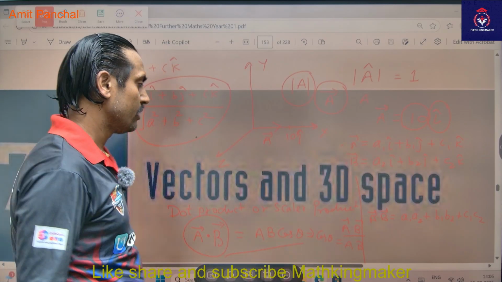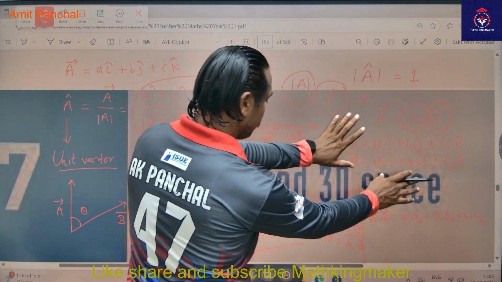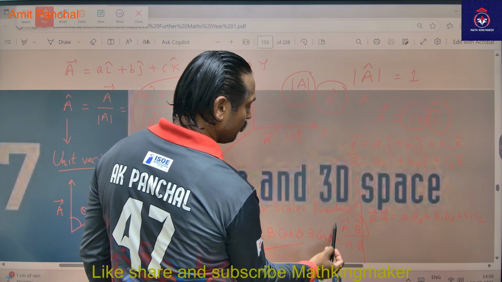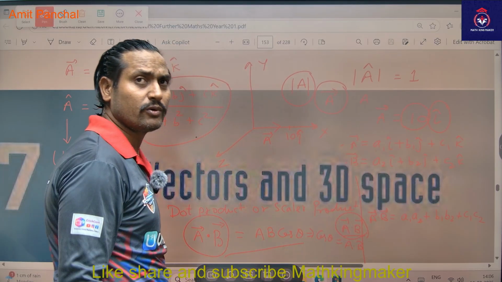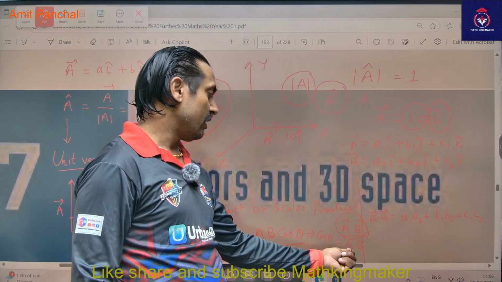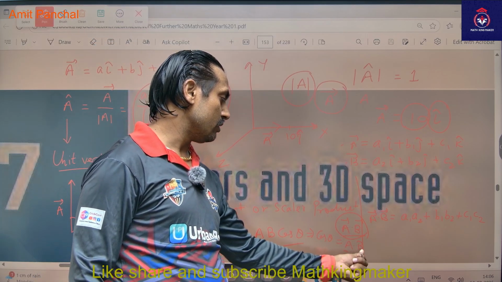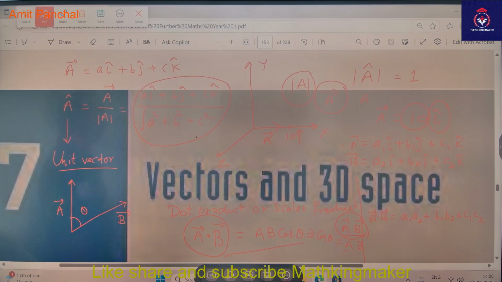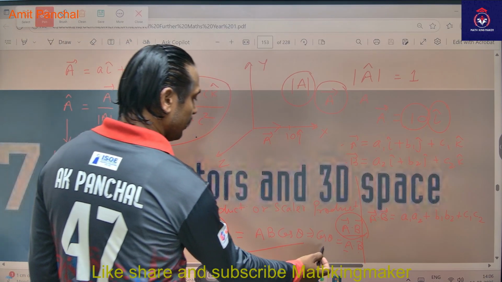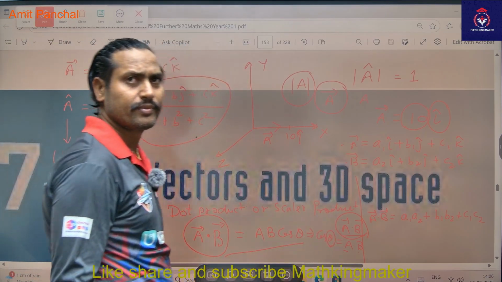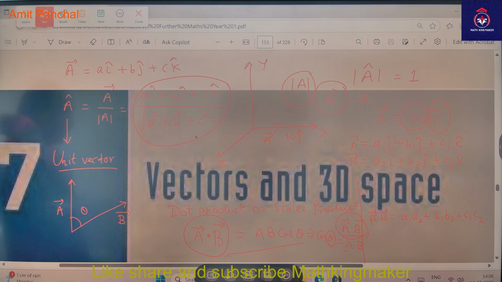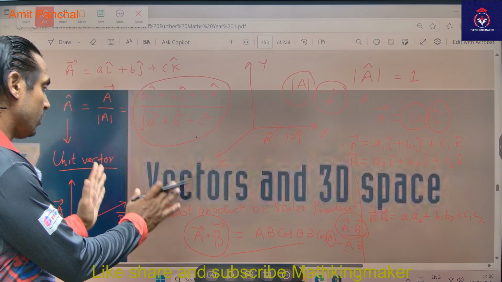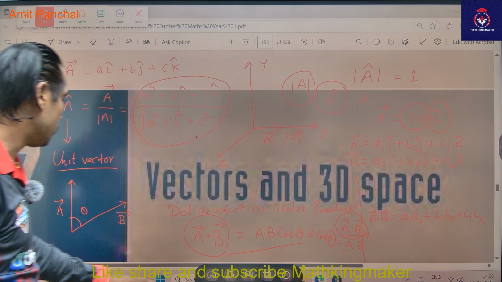So if you have been given two vectors, you can easily find the scalar product of these two vectors, and the magnitudes of A and B can also be found. So can you find theta easily? Is there any problem? No, sir. Okay, so we'll go straight to the question now.